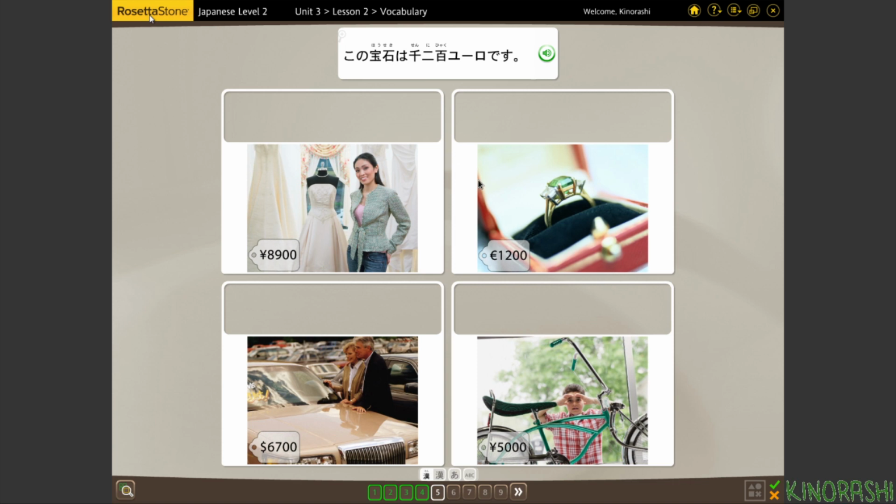Let me make sure I'm saying that right. Hoseki ten. Okay, it's not tan, it's ten. Hosekiten.